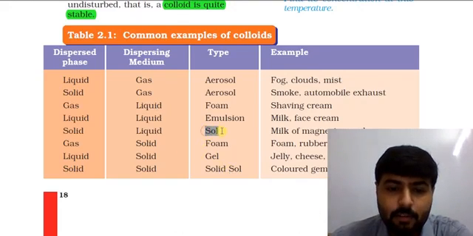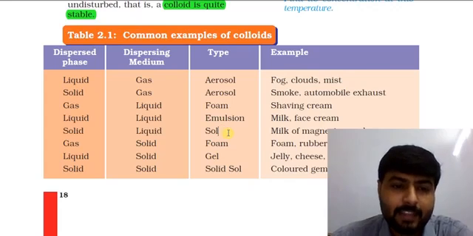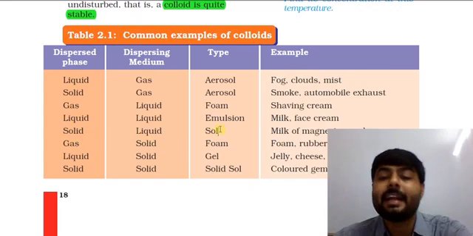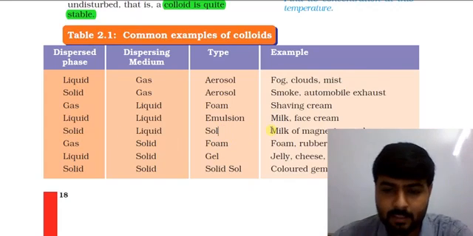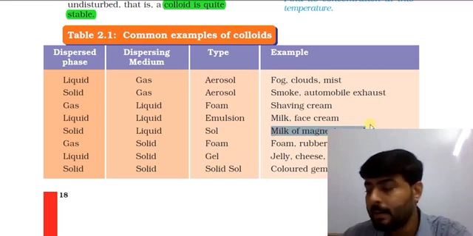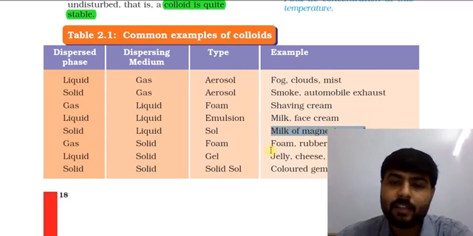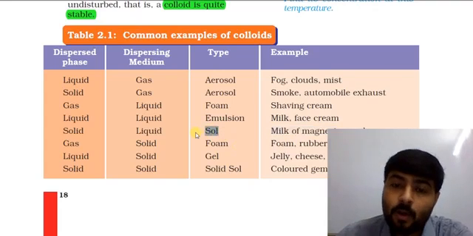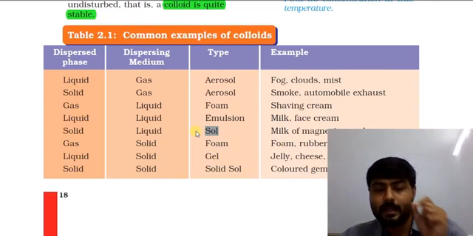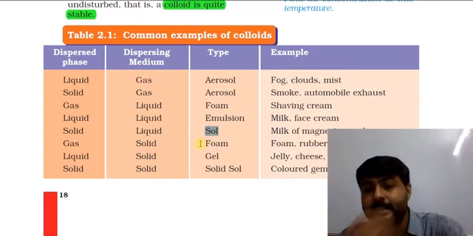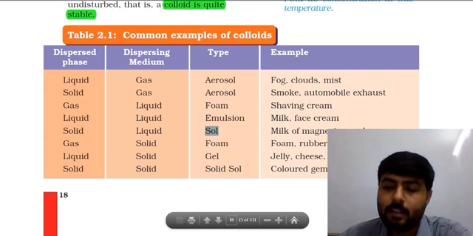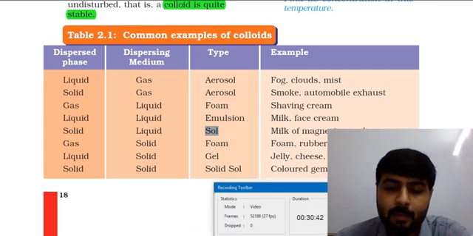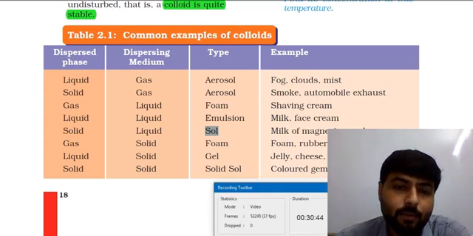After that we have sol, which is solid in liquid. For example, milk of magnesia and mud are examples of sol, a type of colloid in which a solid dispersed phase is dispersed in liquid. So these are some examples of types of colloid.